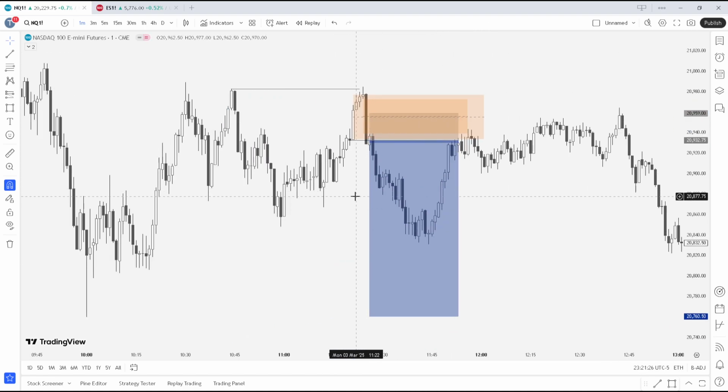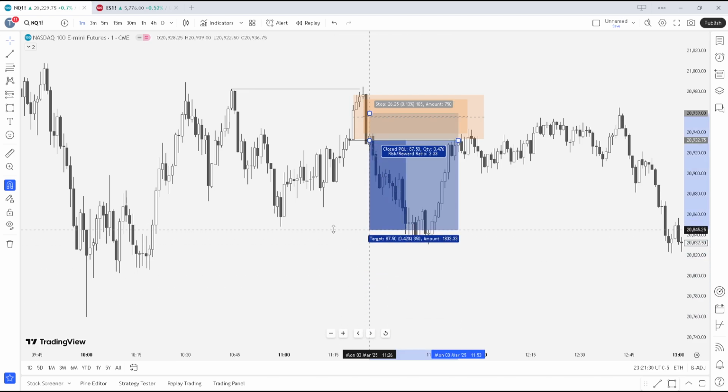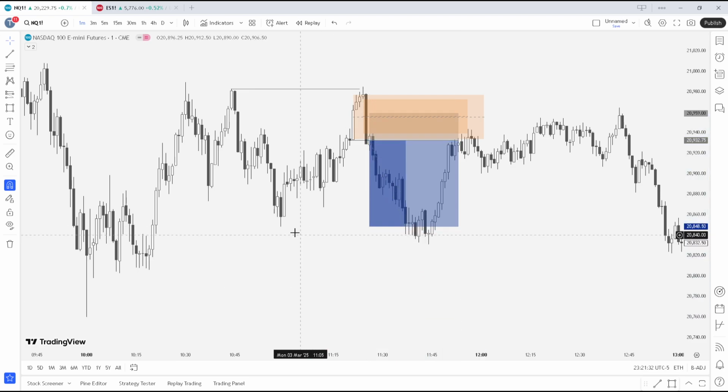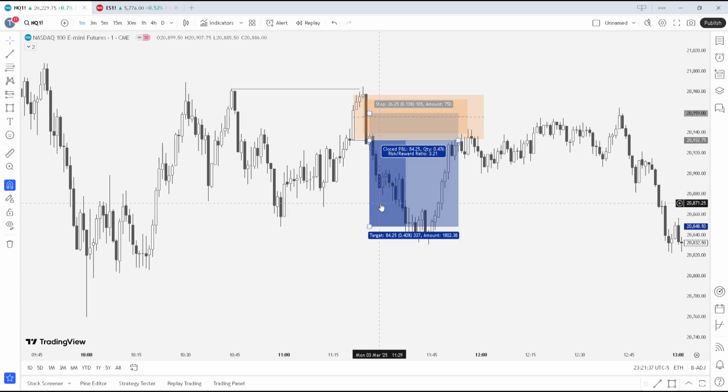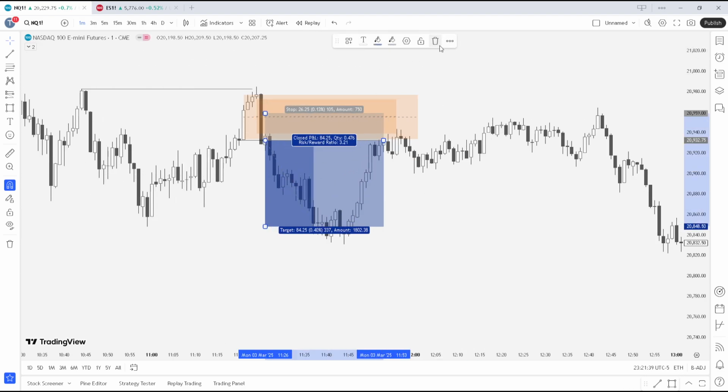So if you took this entry with this tighter stop loss, then you can go for a liquidity pool that's a bit closer to the entry, something like this, and you would still get a 3R trade. So that's why it's important to combine all of these PD arrays together, because it allows you to frame high probability trades with better stop losses, better take profits, and just better RR in general, right?